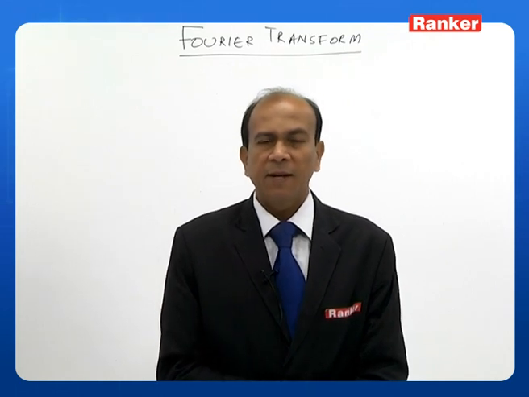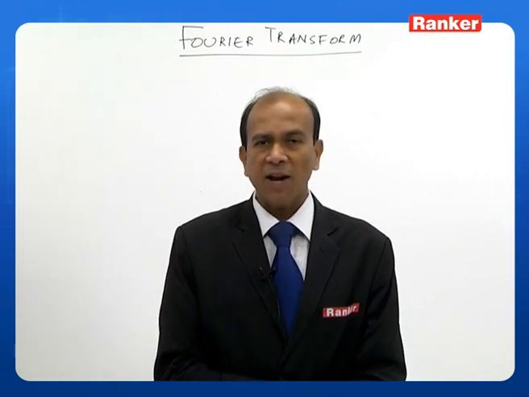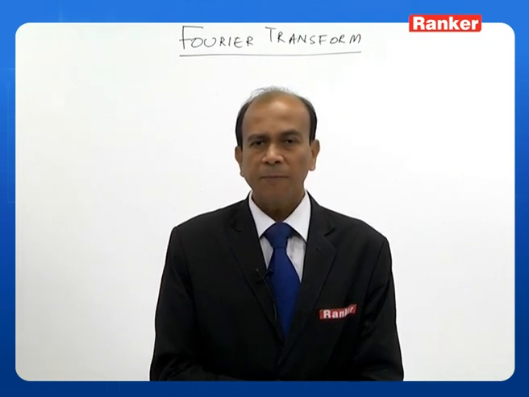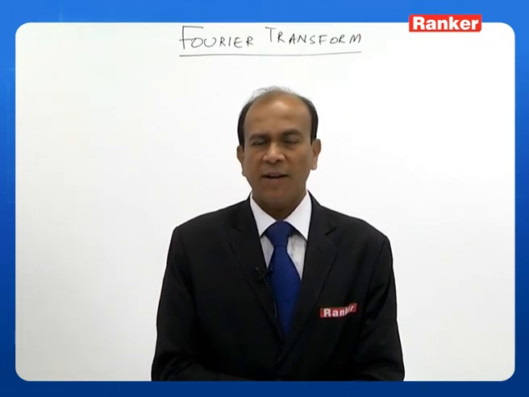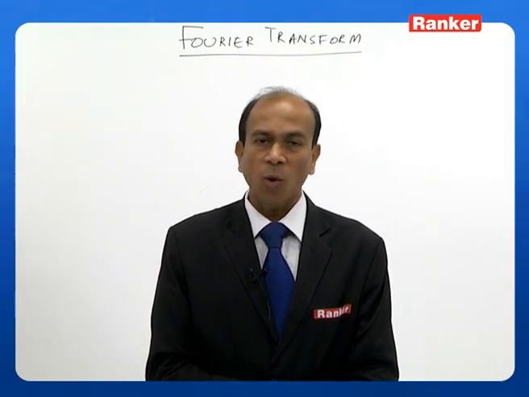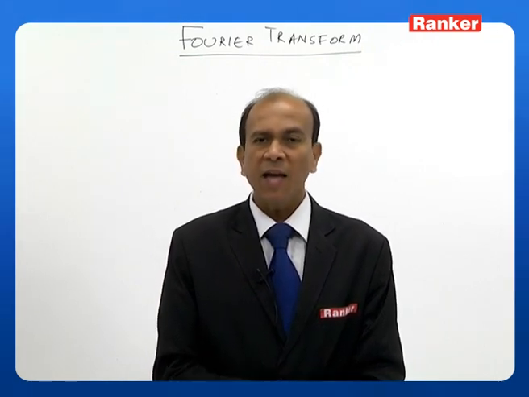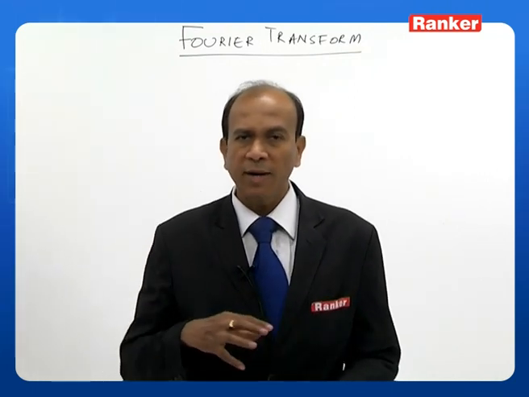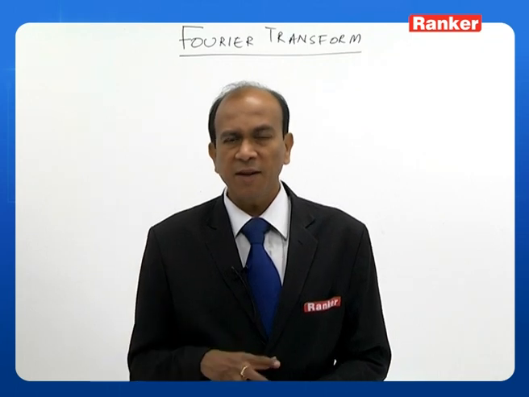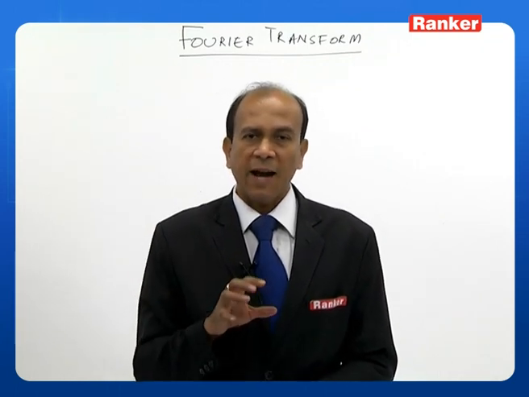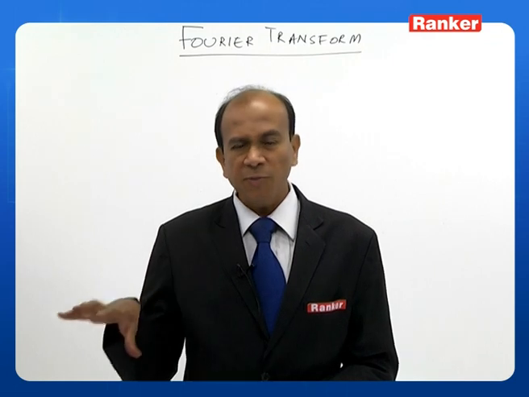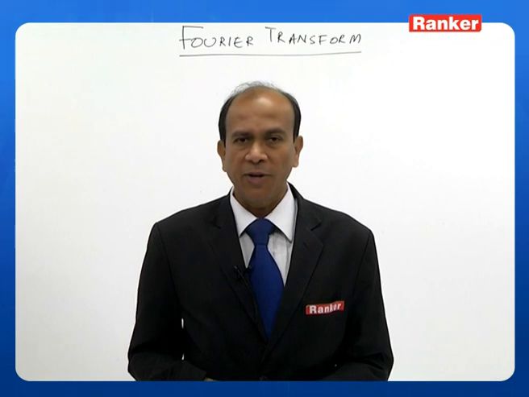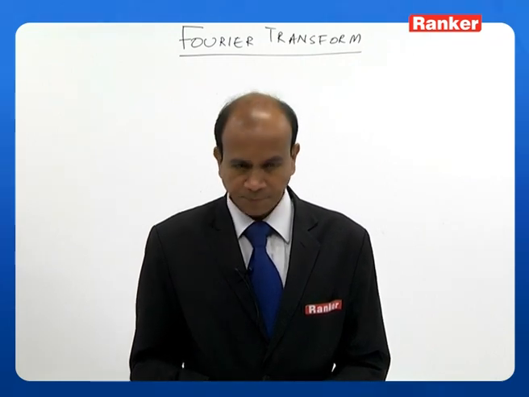That means the autocorrelation function at the origin for an energy signal is equal to the energy of that signal. When I calculate Rgp of tau at tau equal to 0, this will give me the average power of the signal. So, Rg of 0 will give me the energy of the signal for energy signals, and Rgp of 0 will give me the average power of the signal for a power signal. This is property 2 of autocorrelation functions for periodic signals.